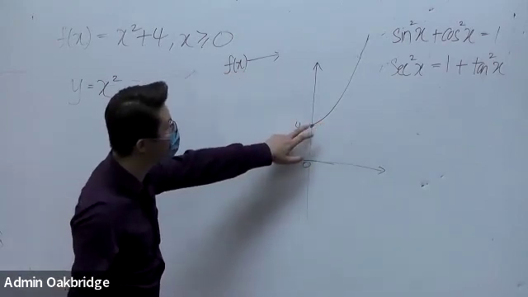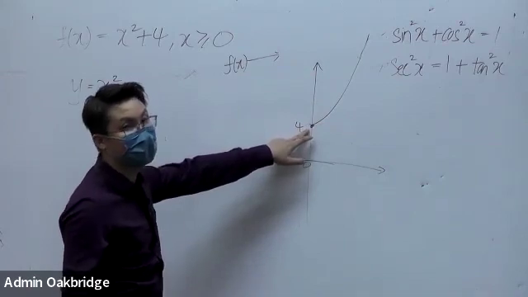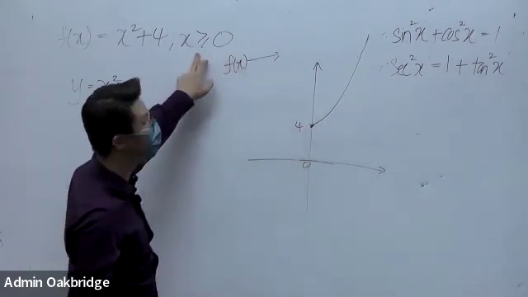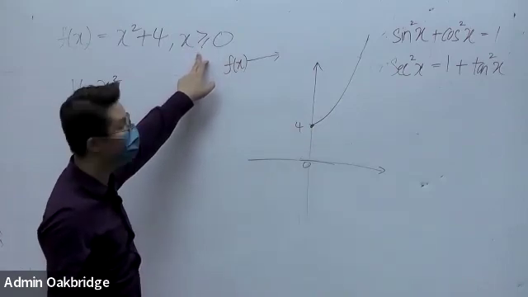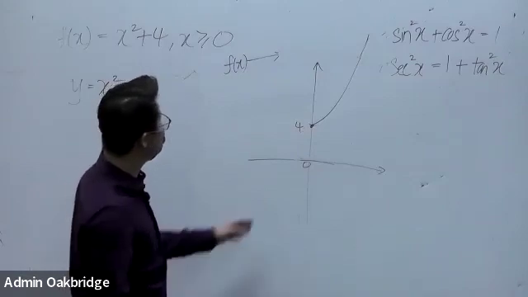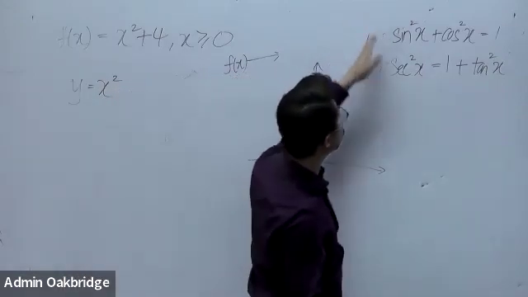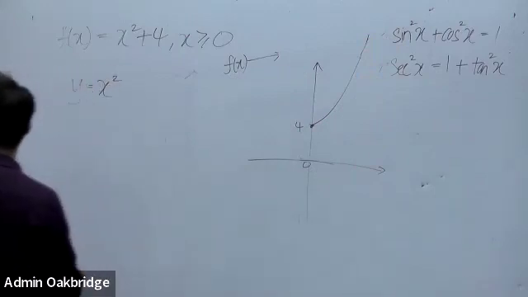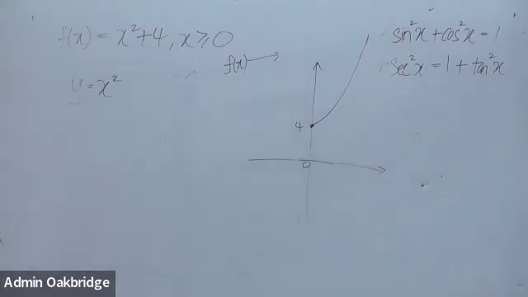It's called a closed circle, which is different from an open circle. A closed circle means this value is included, because here you have an equal sign. 0 is included, so you have to draw a closed circle. And then until where? Until up to infinity.